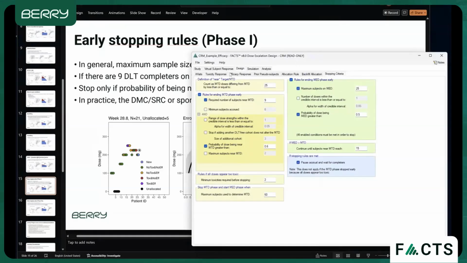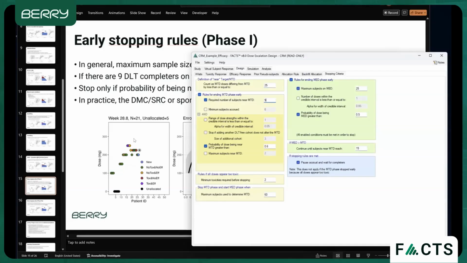So one of the things that we did was we have this concept of a near dose, and that is every dose in a range of plus minus 25 milligrams. So for the purposes of, for example, deciding to stop if the number of subjects on the current MTD estimate is 9, we're not just looking at on this one particular dose whether the number of patients is 9, but we're looking in a plus minus 25 milligram window if the number of subjects is 9.